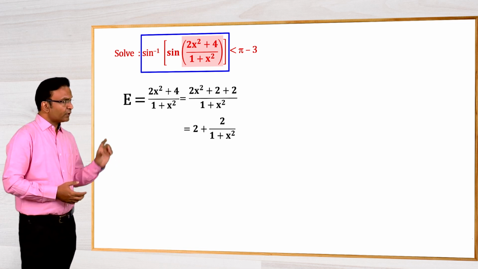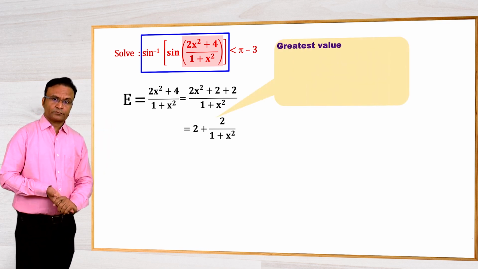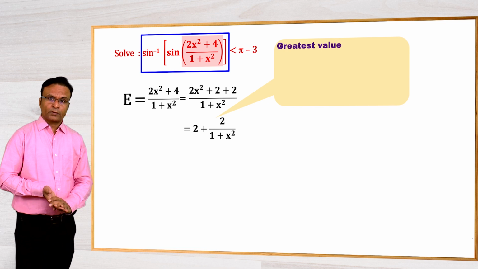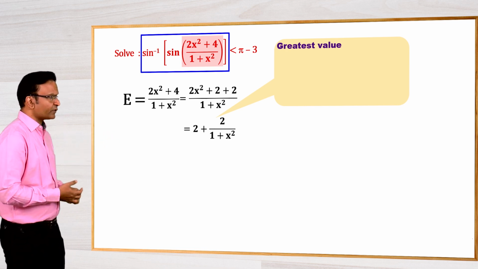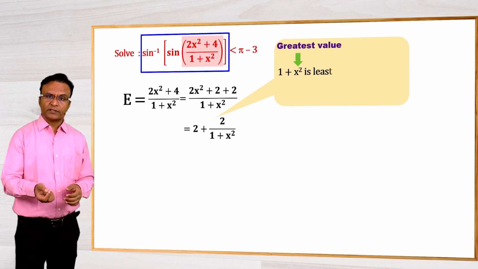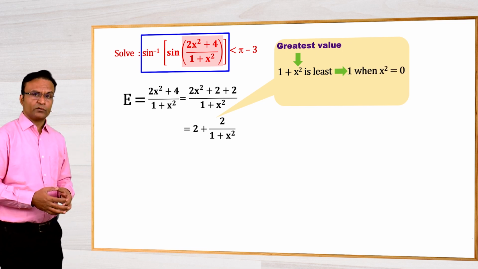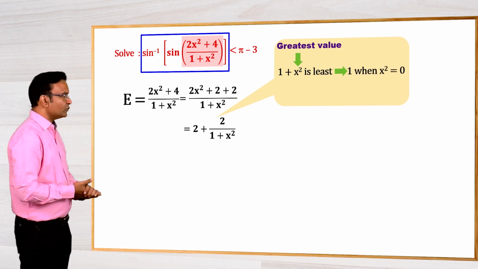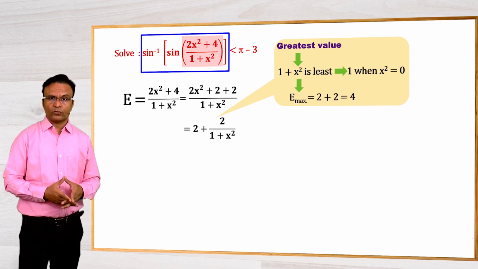Okay, now tell me when this expression is greatest. Obviously, 2 is divided by 1 plus x square. So this expression is greatest when 1 plus x square is least, and the least value of 1 plus x square is 1 when x square is 0. So the greatest value of this expression is 2 plus 2 equal to 4.